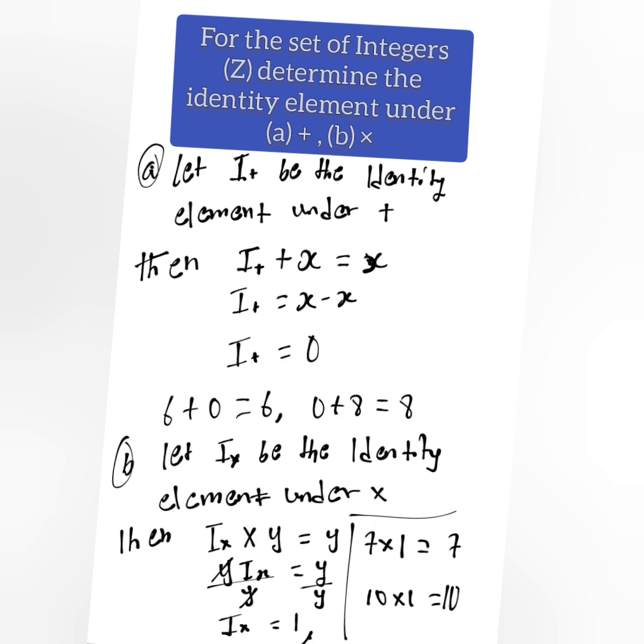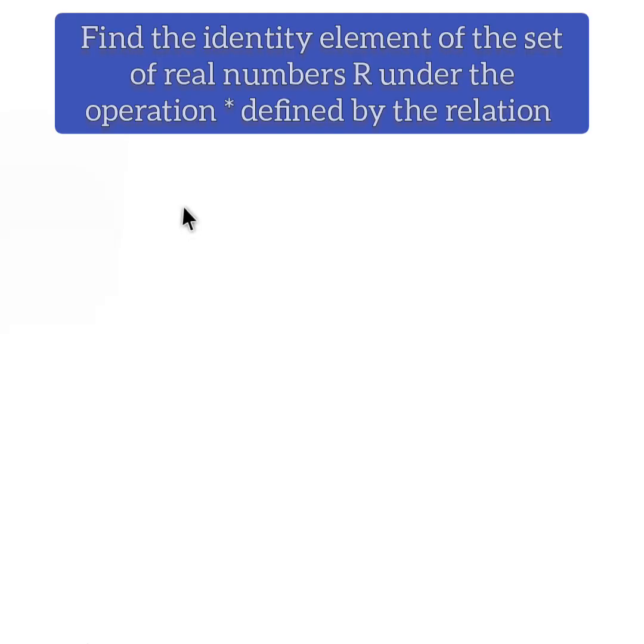So we're able to find the identity element of addition and multiplication. But there are other binary operations for which we can find the identity element. Now consider example 2: find the identity element of the set of real numbers under the operation star defined by the relation P star Q is the product of P and Q divided by 3. So to solve this, let I star be the identity element.